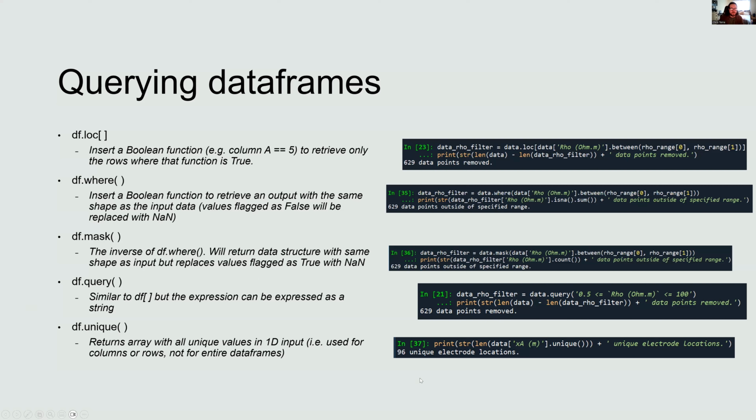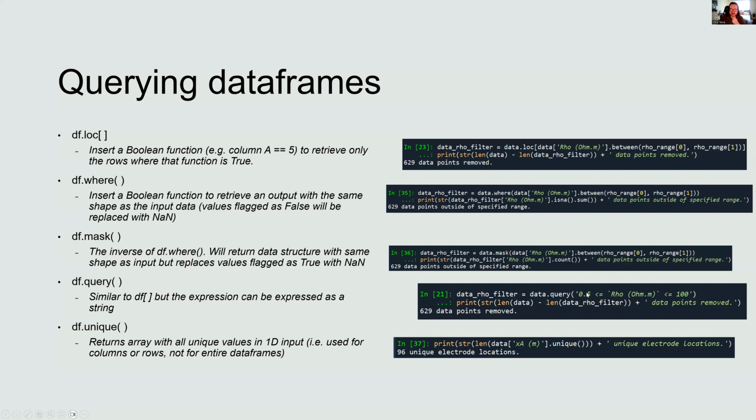df.query, similar situation with .loc. The main benefit is you get to write it out as a string. It goes off of a specific series of Python-based or NumPy-based string equivalences to different types of Boolean functions.